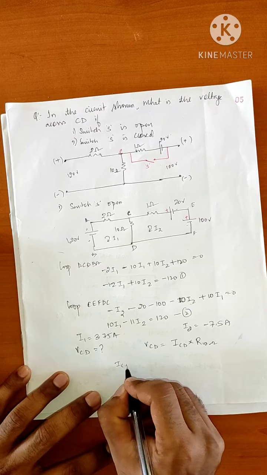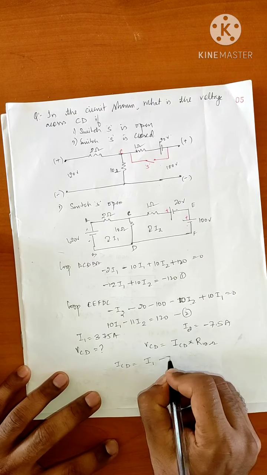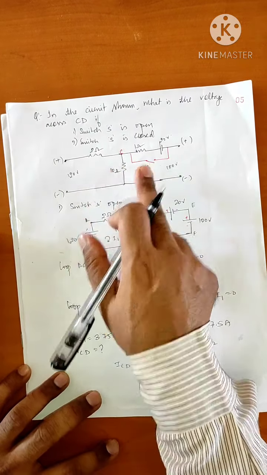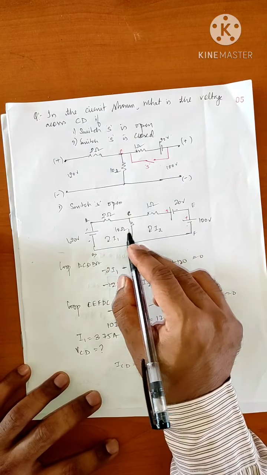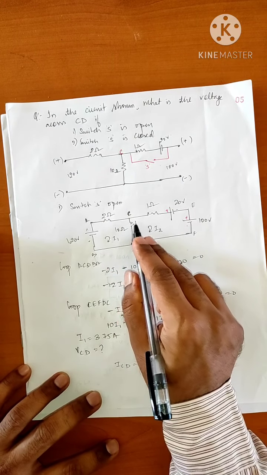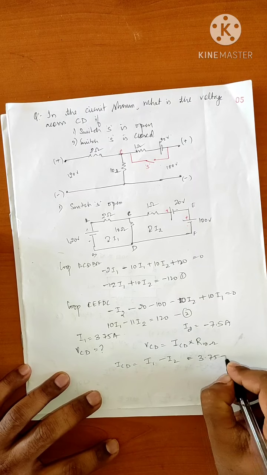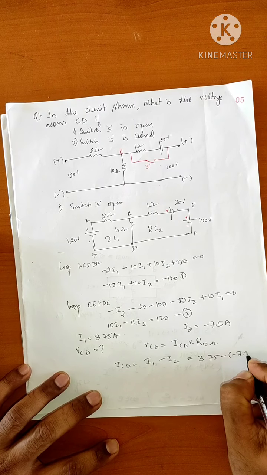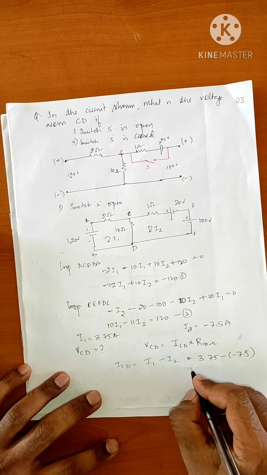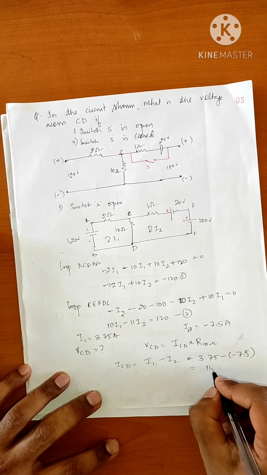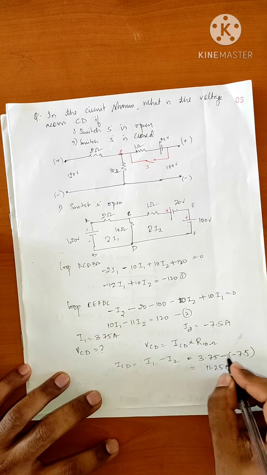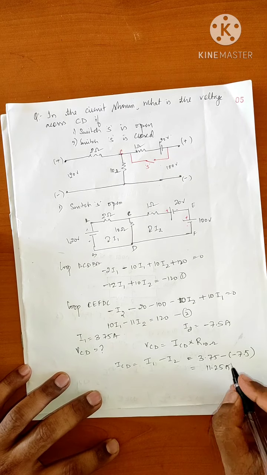So ICD is I1 minus I2. If you take the difference between these two loops, then only you can know the amount of current flowing in 10 ohm. So 3.75 minus minus 7.5 ampere, so this is 11.25 ampere. Minus and minus becomes plus.